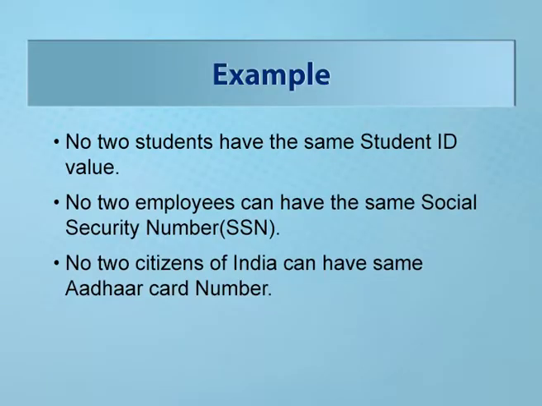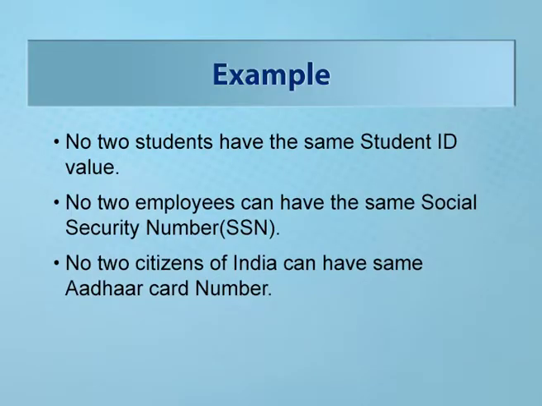So, in this way you can enforce the integrity constraint in the tables. Another example: no two employees can have the same social security number. Each and every employee will have only one social security number.